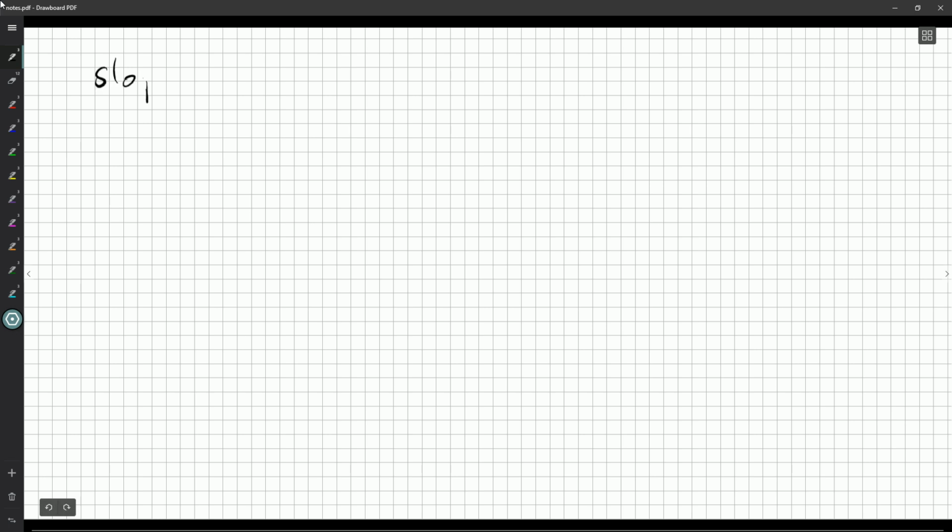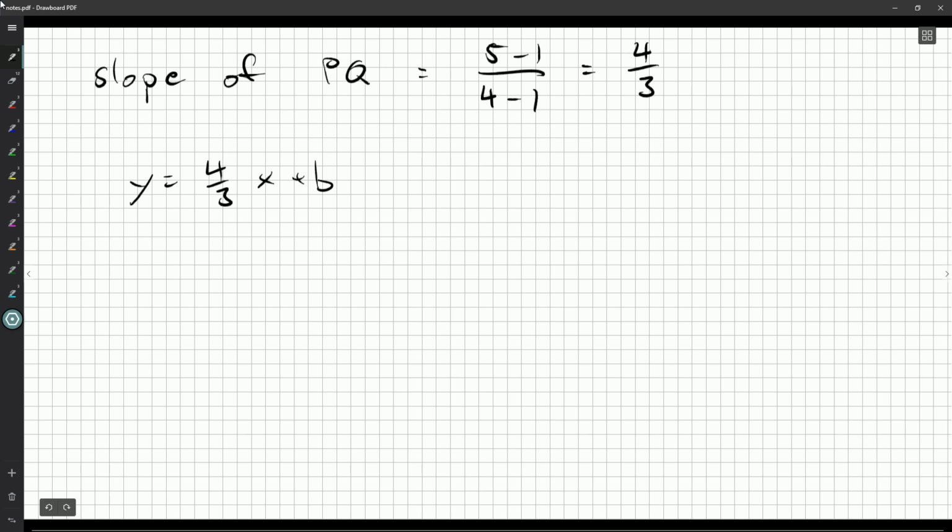What's the slope of PQ? It'll be 5 minus 1 over 4 minus 1. No, 5 minus 1 over 4 minus 1, so that'll be 4 over 3. So we're looking for y equals 4 over 3 x plus b.